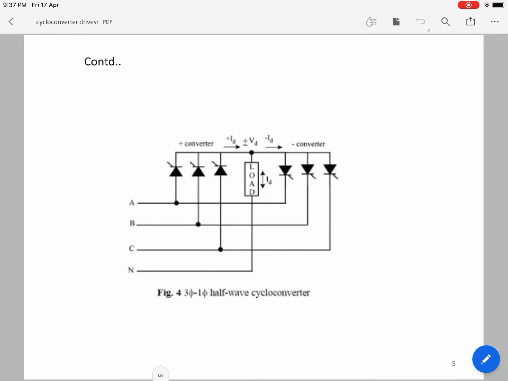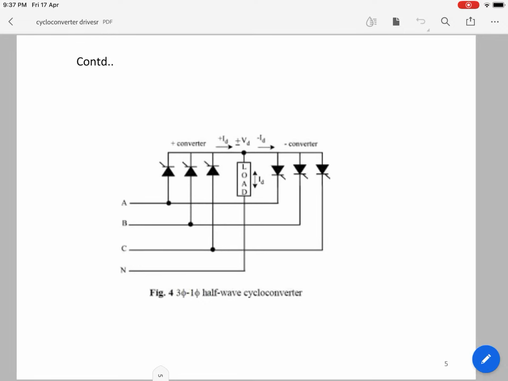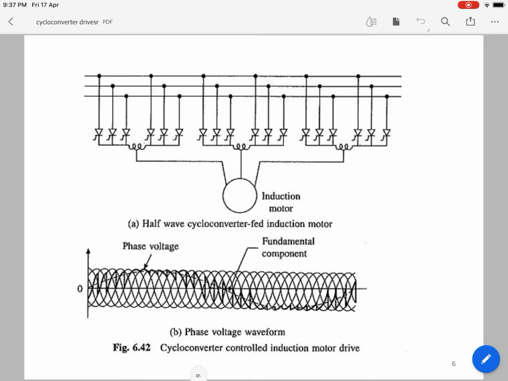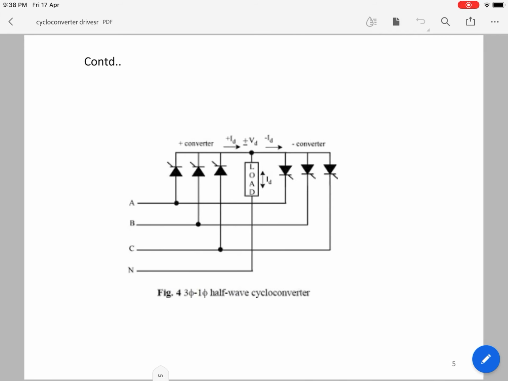If we combine three such cycloconverters, we get a half wave 3 to 3 phase cycloconverter. This figure shows the cycloconverter fed induction motor, and you can see that there are three cycloconverters of 3 to single phase type, and the resultant phase voltage waveform is also shown here.